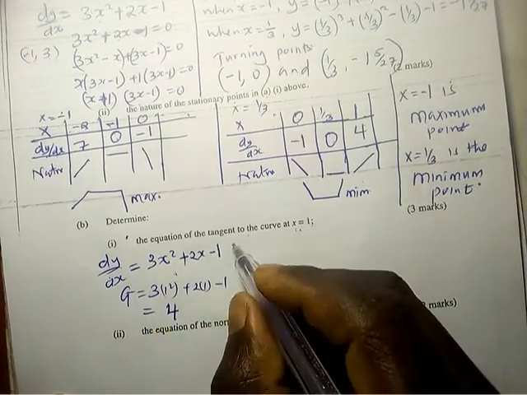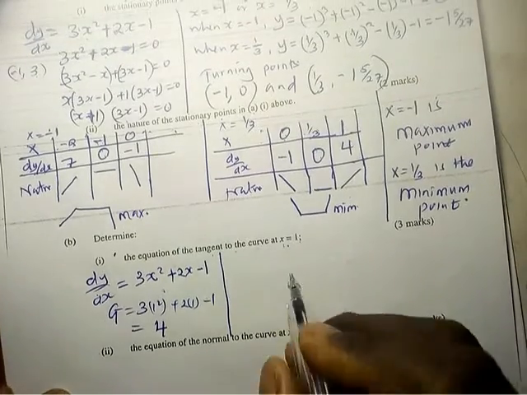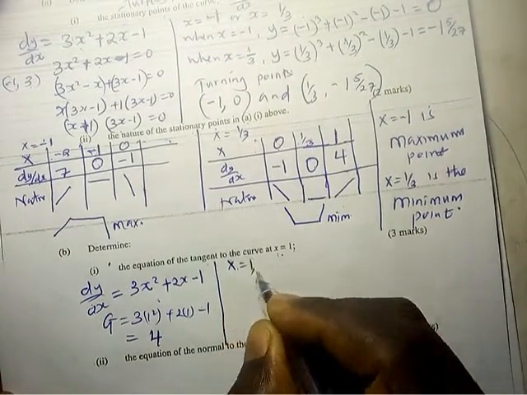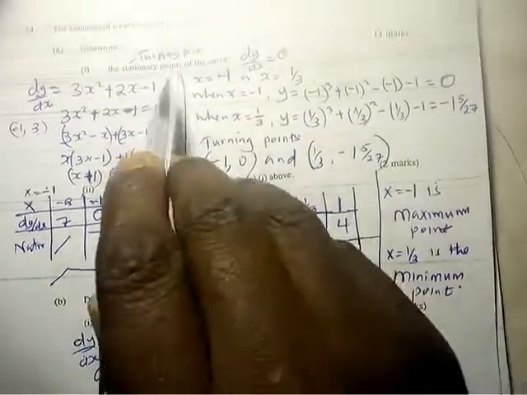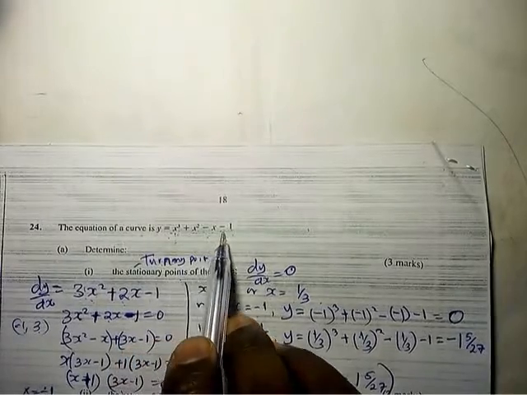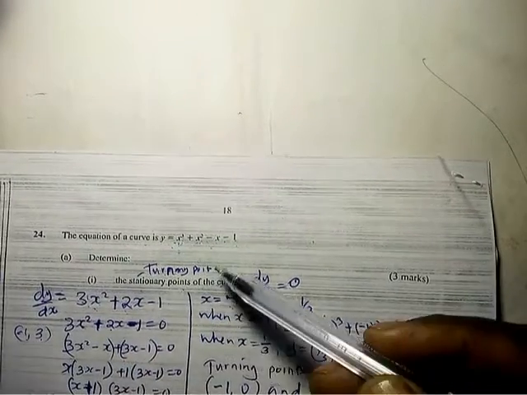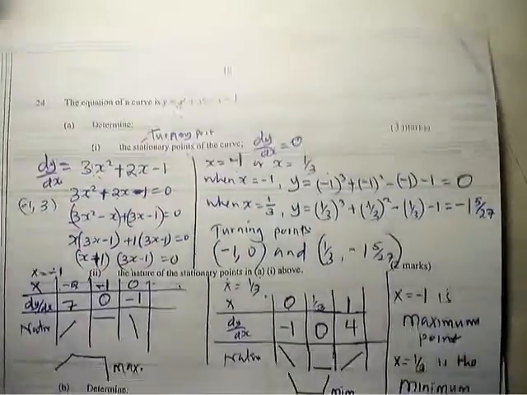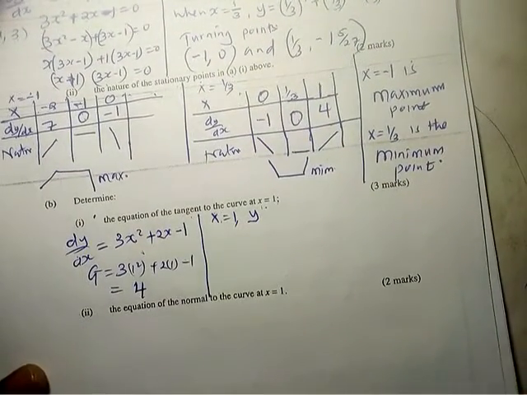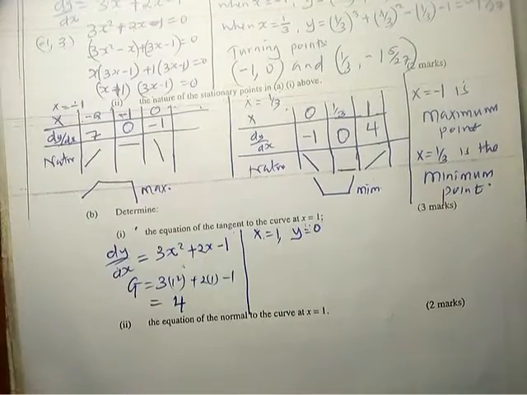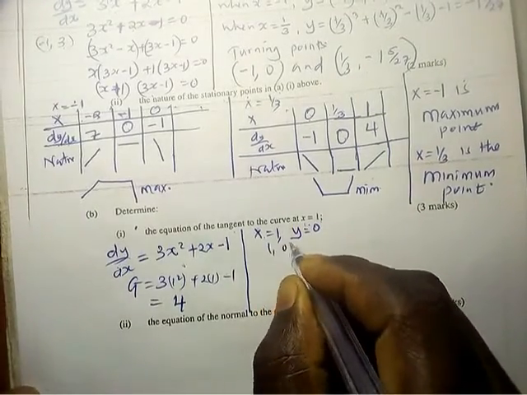The gradient is 4. So the point, we have a point x is equal to 1, so we will get y by substituting here. So the point y here will go to 0. If you substitute x here with 1, y is 0. So our point is 1, 0.